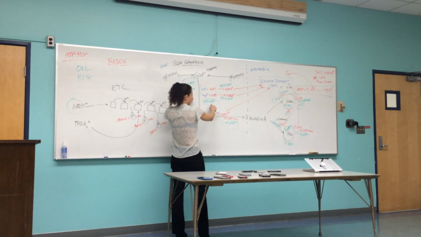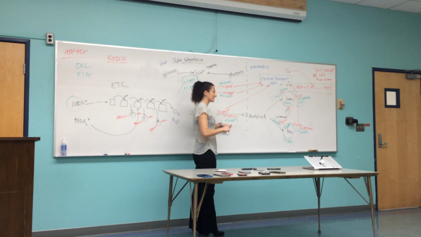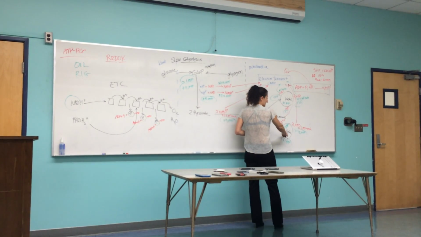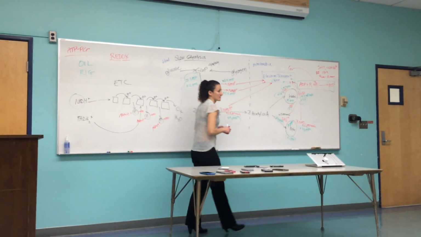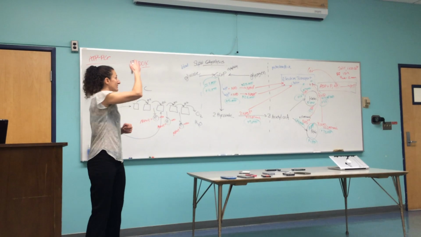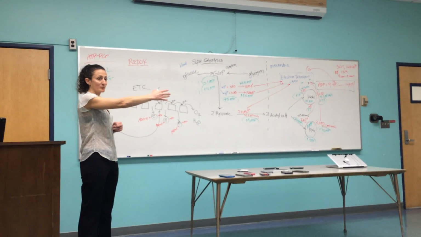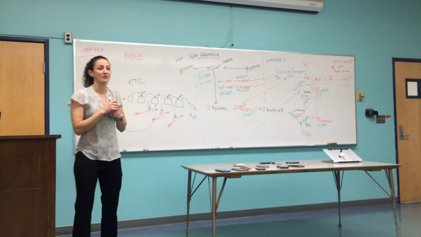I have these 5, we're at 8. I have these 5, we're at 13. 23, 33. So 1 molecule of glycogen going through slow glycolysis, which is going to include the aerobic side, is going to yield 33 ATP.